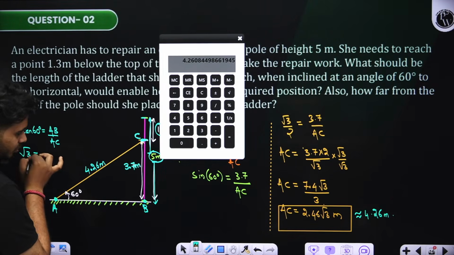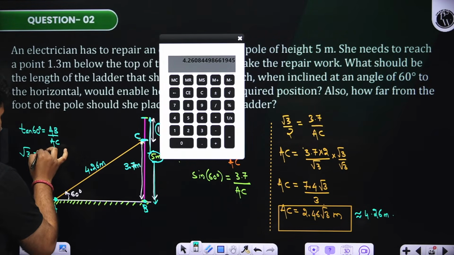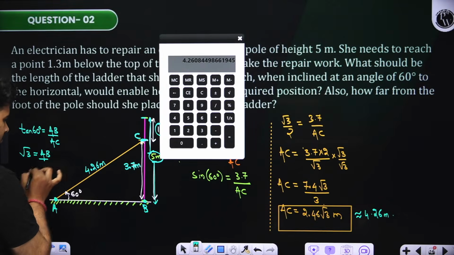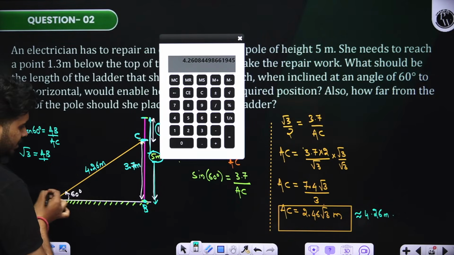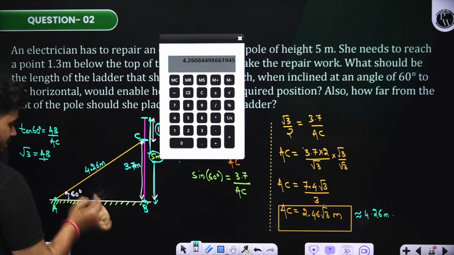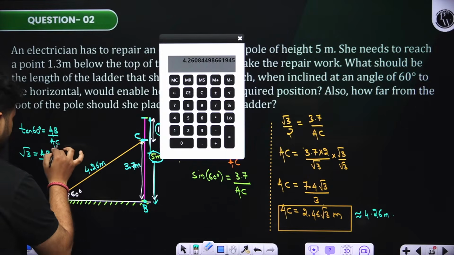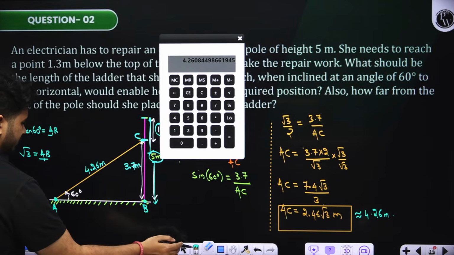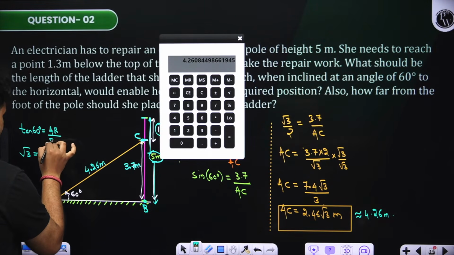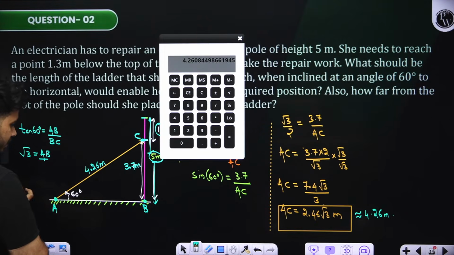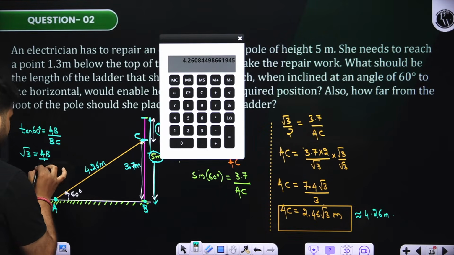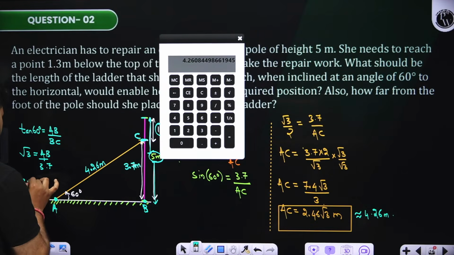AB value we don't know, we need to find, divided by BC. And BC value we know, which is 3.7. So AB value will be equals to root 3 multiplied by 3.7.